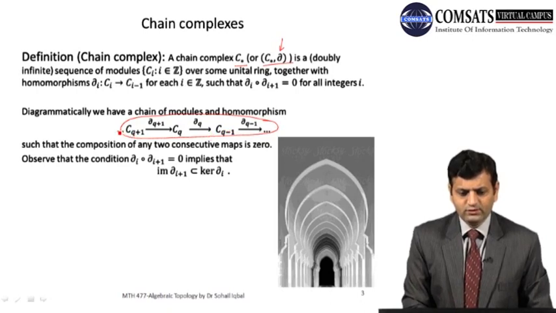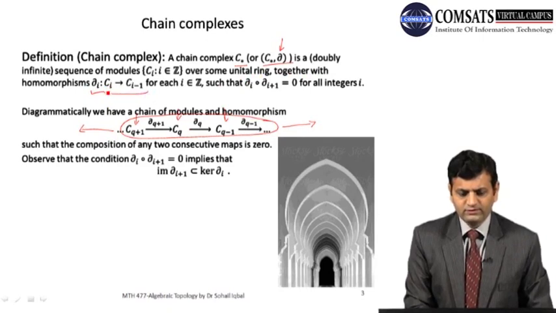It goes on both sides, and each element C_{q+1}, C_q, C_{q-1}, and so on, is a module over some unital ring, together with these homomorphisms.